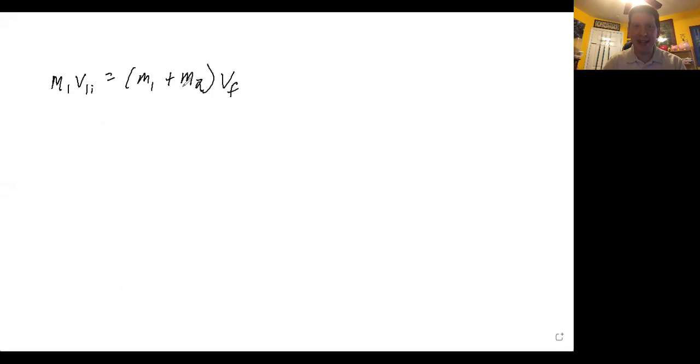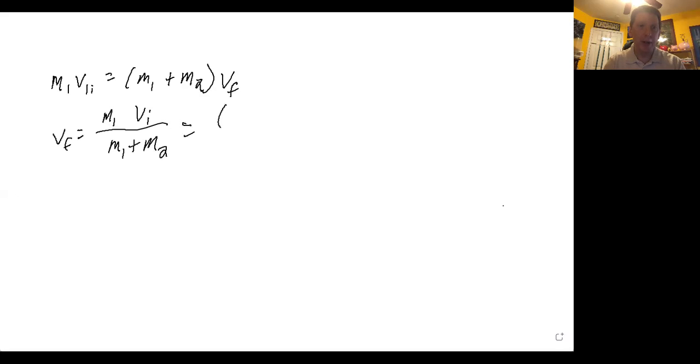Again, perfectly inelastic collision. And the second skater is at rest. So the second skater does not have any initial momentum. So you then solve this for VF. And so that's equal to m1 v1I divided by the total.